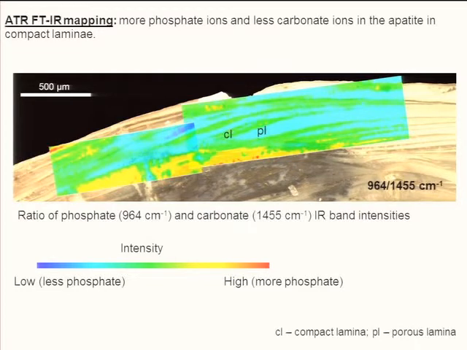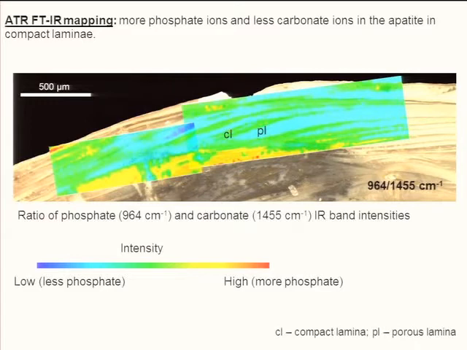Here is another example of infrared mapping, and these infrared maps show that there are more phosphate anions in the apatite in compact lamina and somewhat fewer phosphate anions in the apatite in porous lamina, where there was more carbonate.